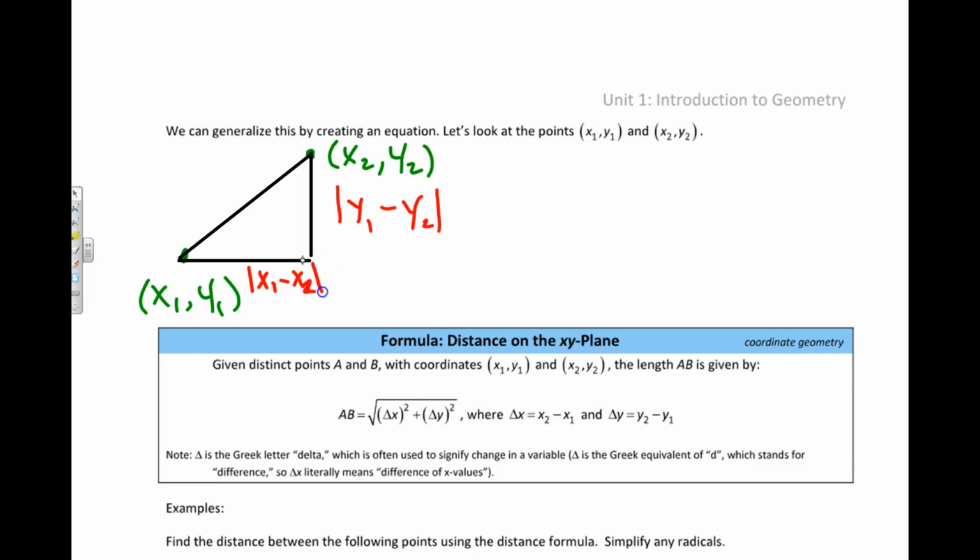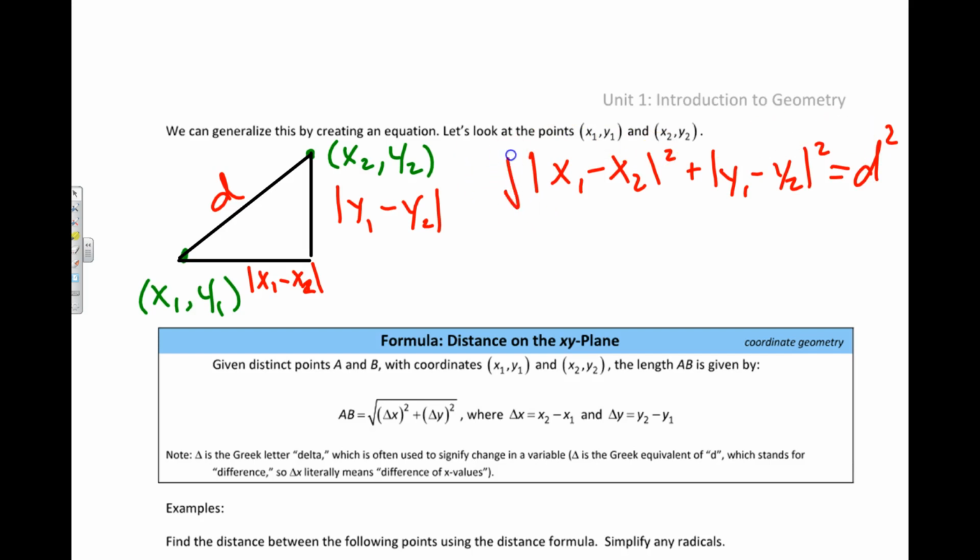Which means that this c squared over here, or I'm going to call this my distance, okay, would be x1 minus x2 squared plus y1 minus y2 squared is equal to my distance squared. Well, if I solve for just distance, I take the square root of the whole thing.